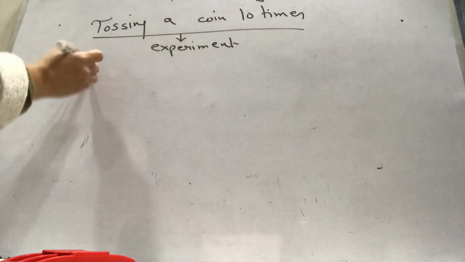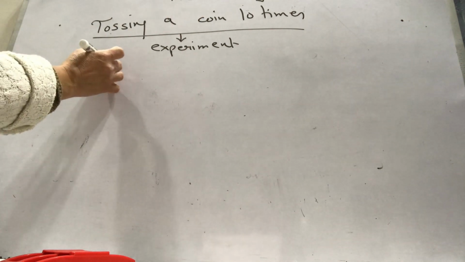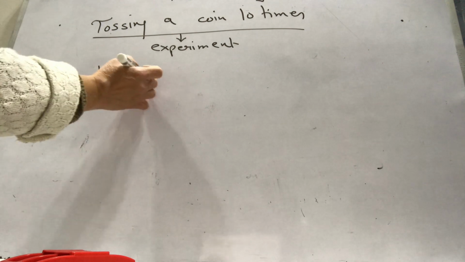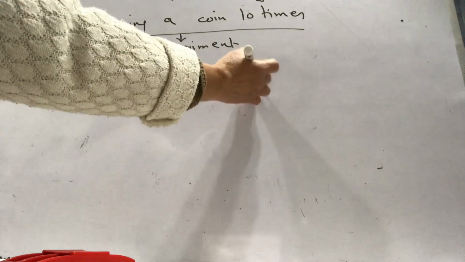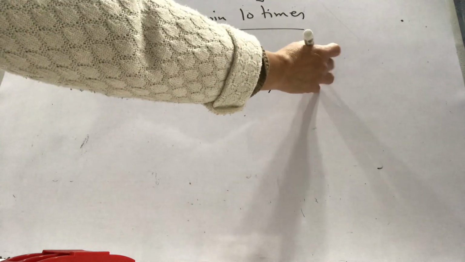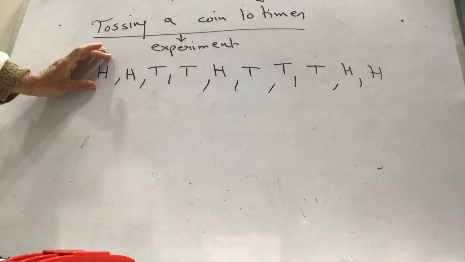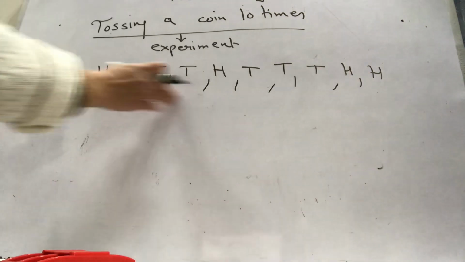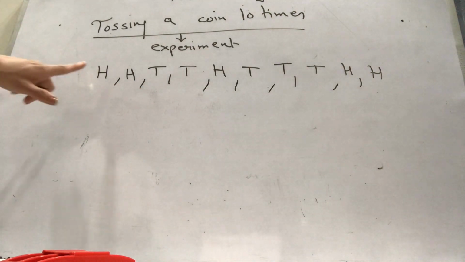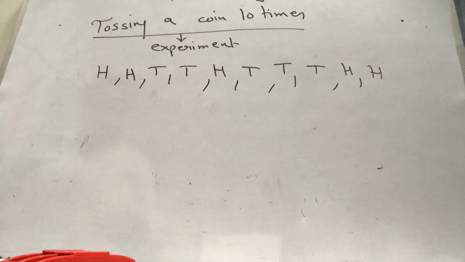And each toss is called trial. So when I toss it first time, I am getting a head, I am getting tail second time, then tail, head, tail, head and head. So each time when I toss, that is called your trial. And these are the results of my trials, and together all these trials will make the experiment.